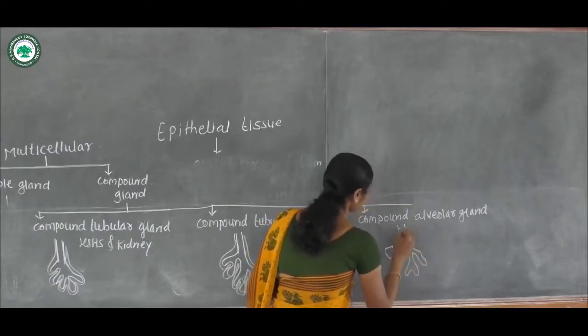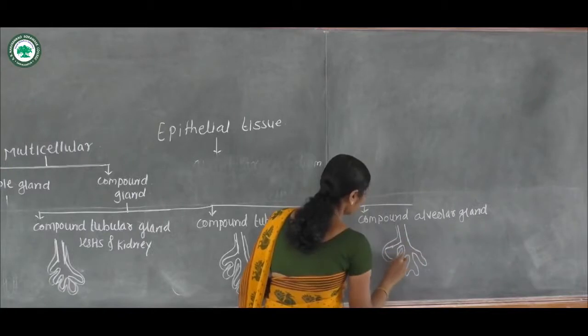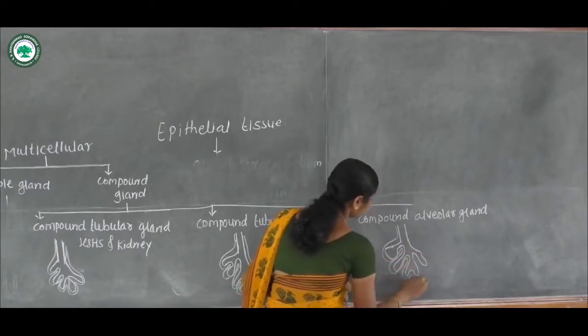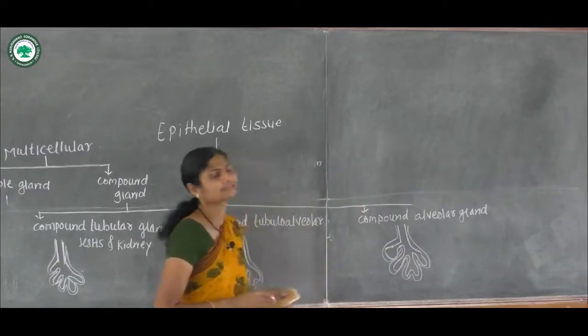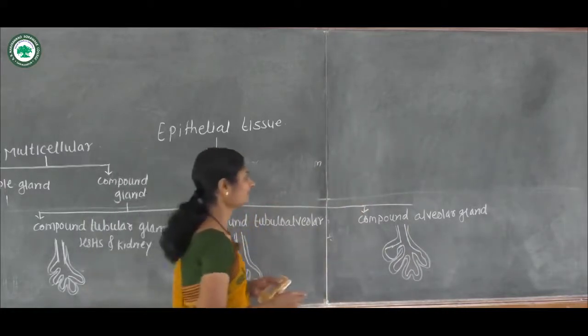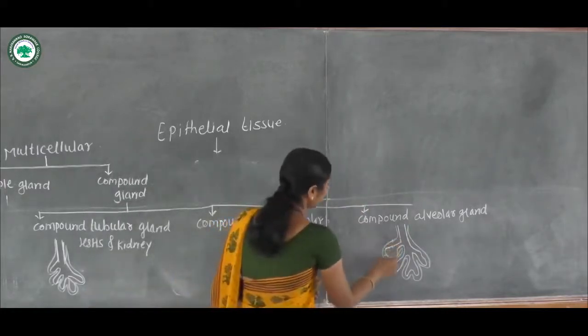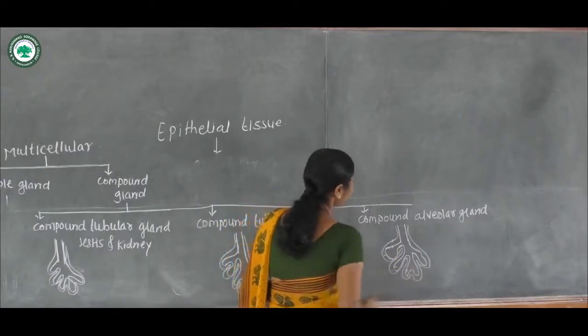Such types of glands are found in the salivary glands.